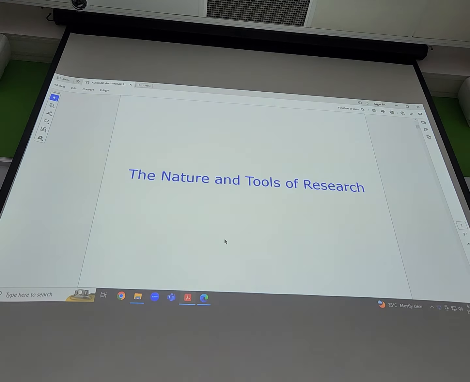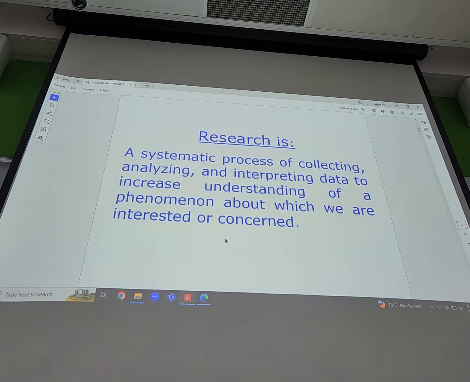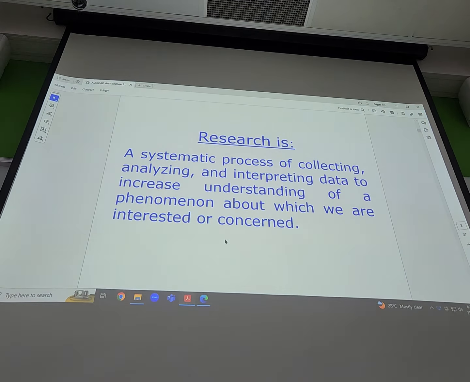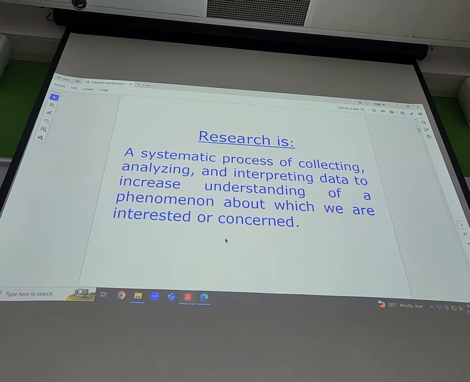Okay, so the first thing is what research is. We need to understand, because the title of the course is Research Methods for Engineers. All of you are going to be professional engineers, and you are going to get a Bachelor's of Engineering degree.